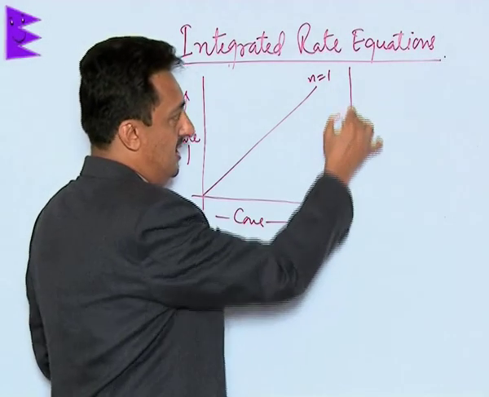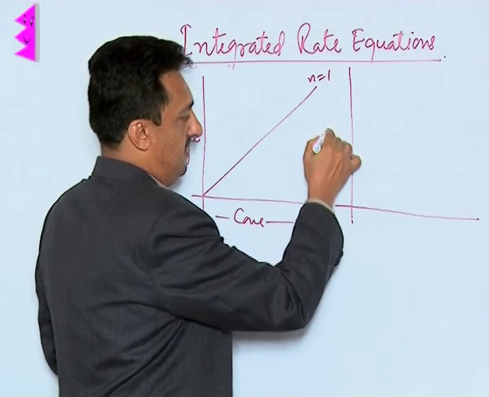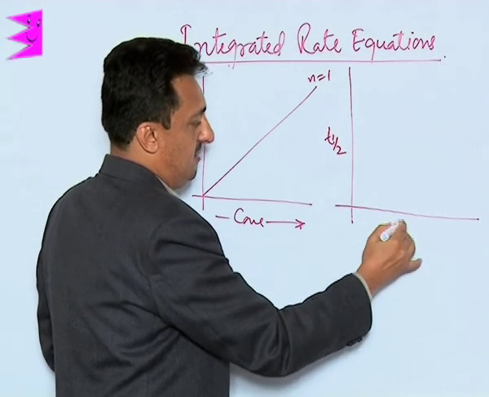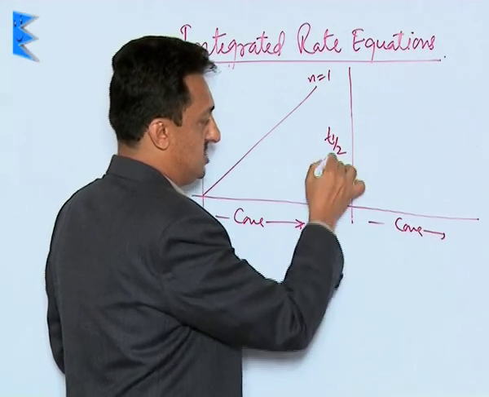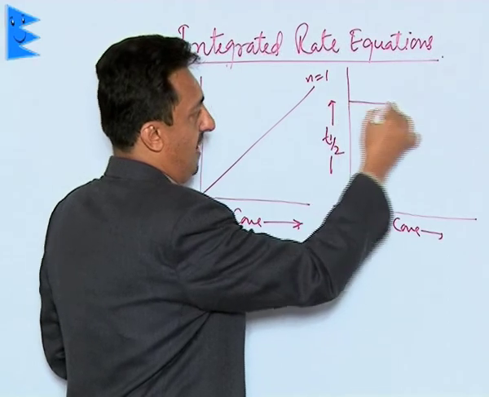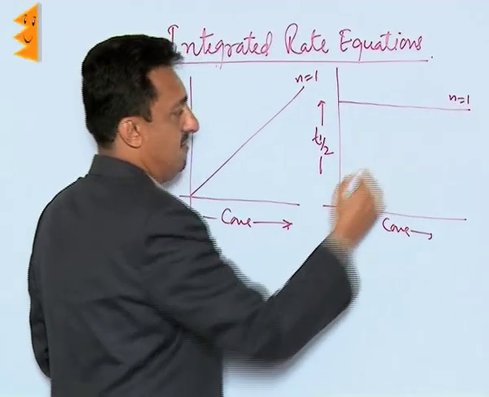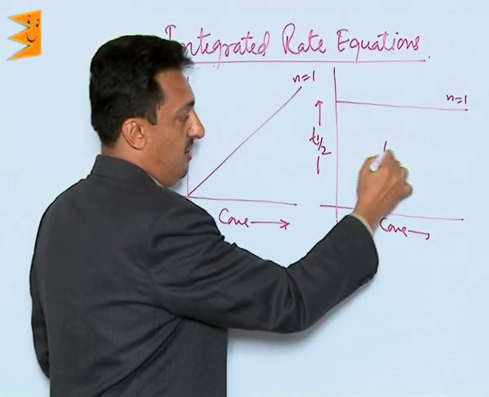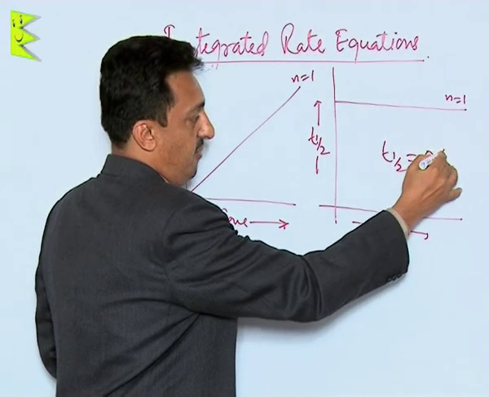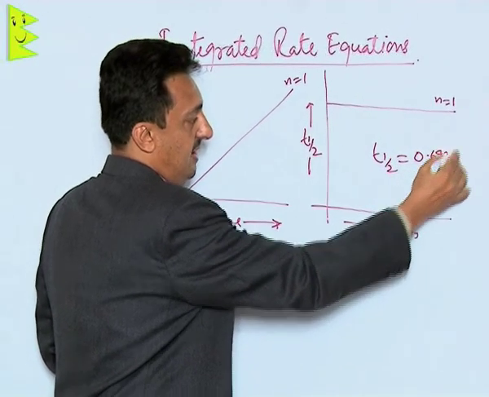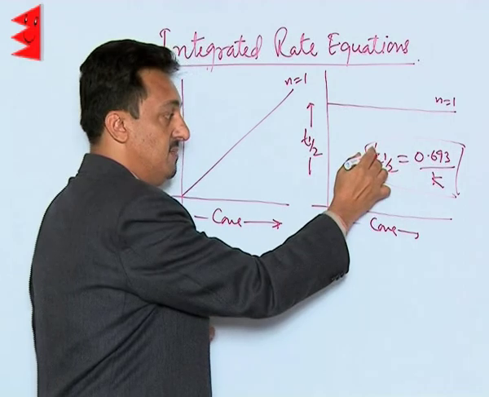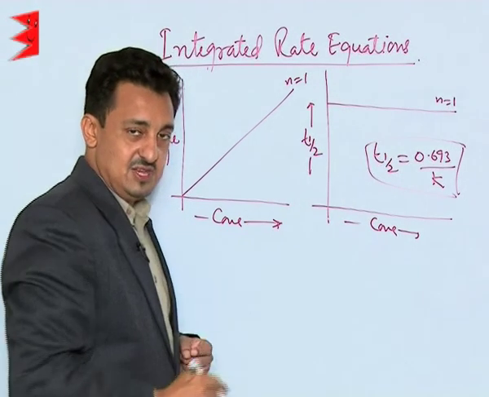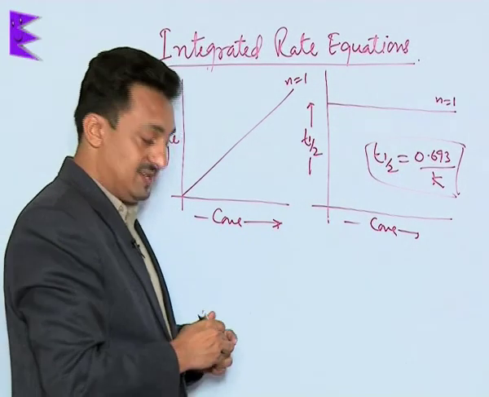Now let us see the graph for the half-life plotted with concentration. It will be parallel to the x-axis because we know the formula t half is 0.693 by k. So this expression is independent of the concentration of the reactants.